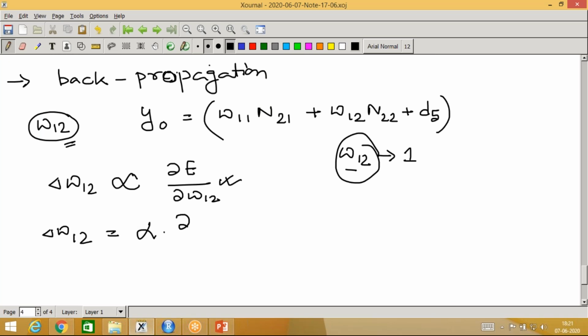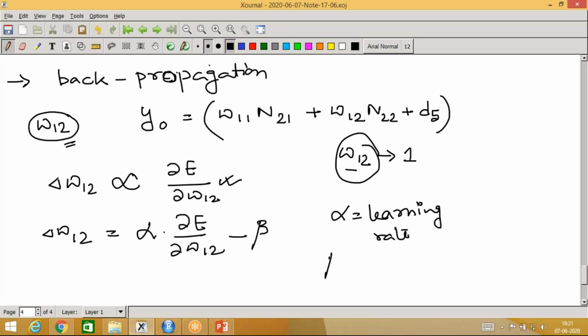Alpha into del E del W12 minus beta, where alpha is called the learning rate and beta is basically, I would say, a sticky factor. So beta does not let you change, and alpha says change, change, change.